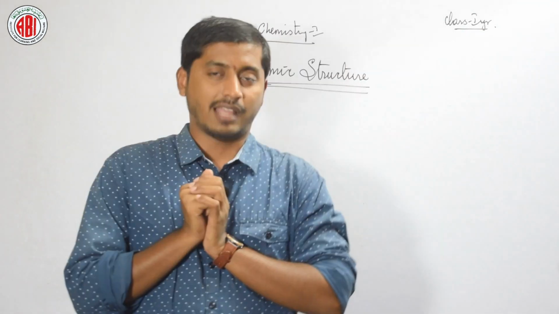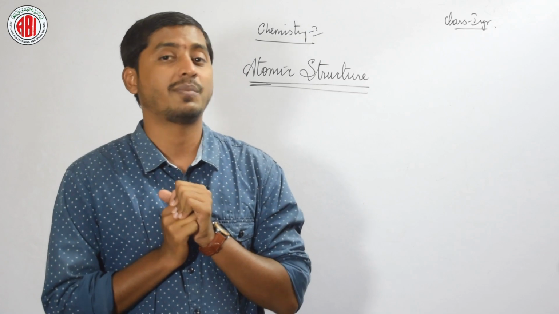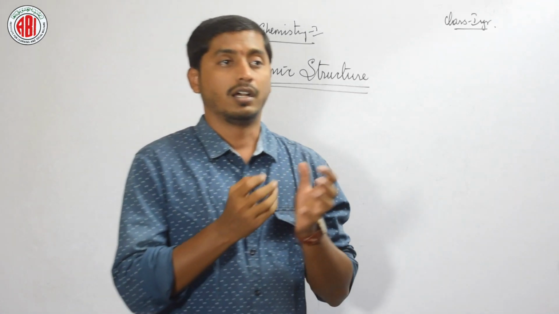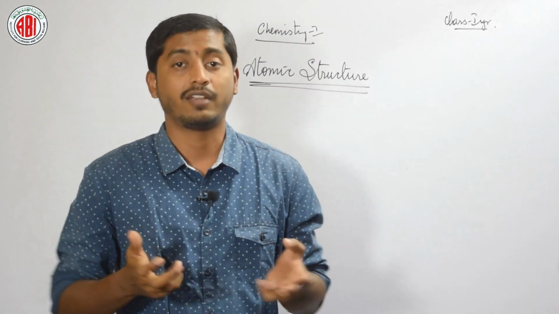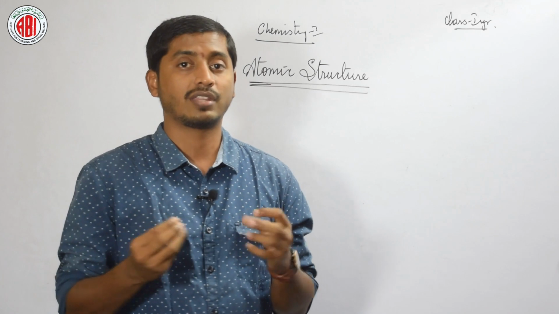Let us start our session with the basic subatomic particles, right? How were they discovered, by what experiments, what are the different activities they did? What are the conclusions? How could they conclude that these particles are nothing but electrons, protons and neutrons, right? What are the basic properties of them, right? Starting from this we will start our chapter.